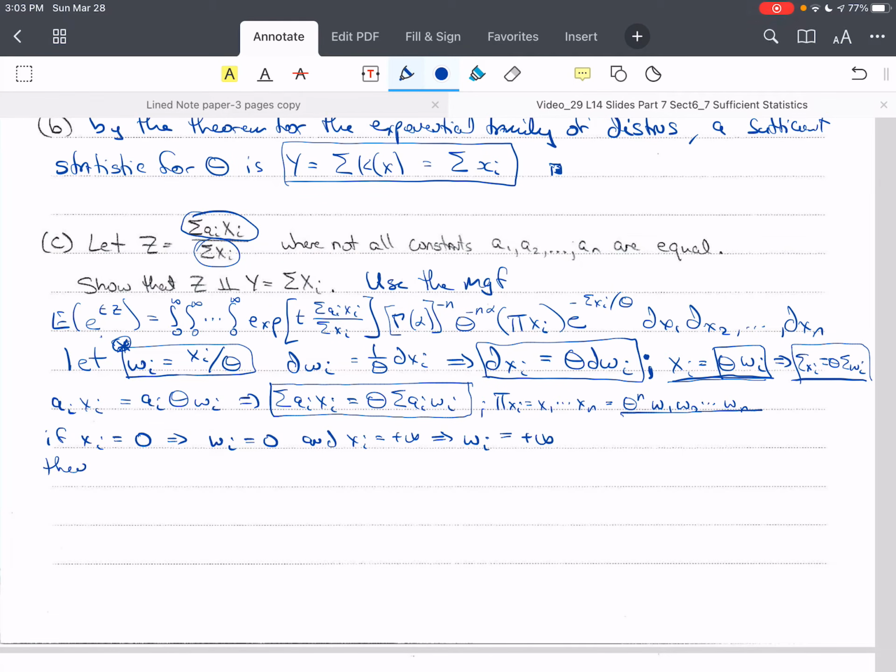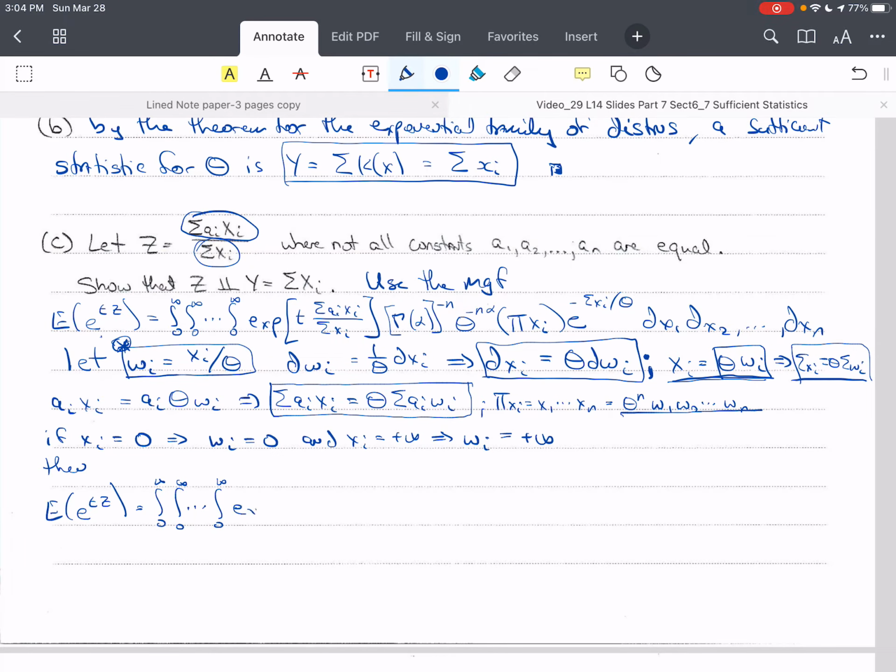Then the expected value of e to the tZ is equal to the integral from 0 to infinity, times the integral from 0 to infinity, up to the nth version.